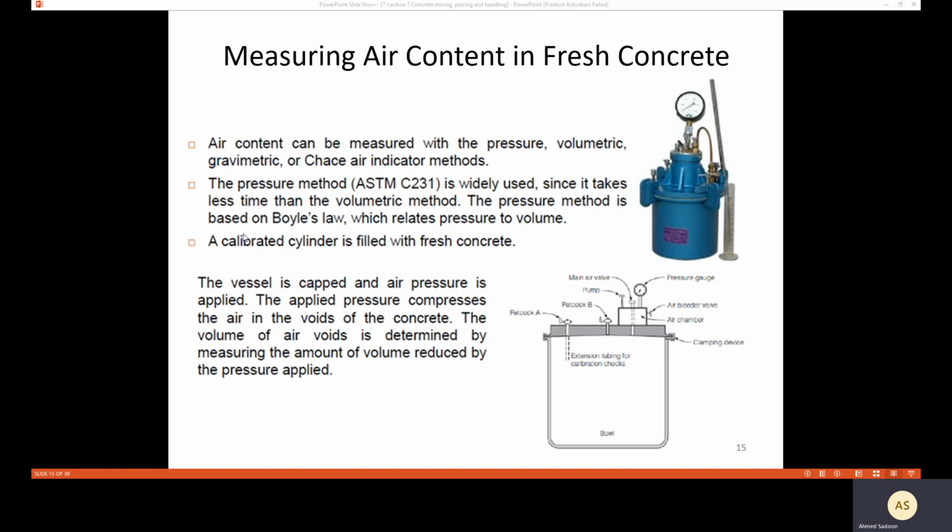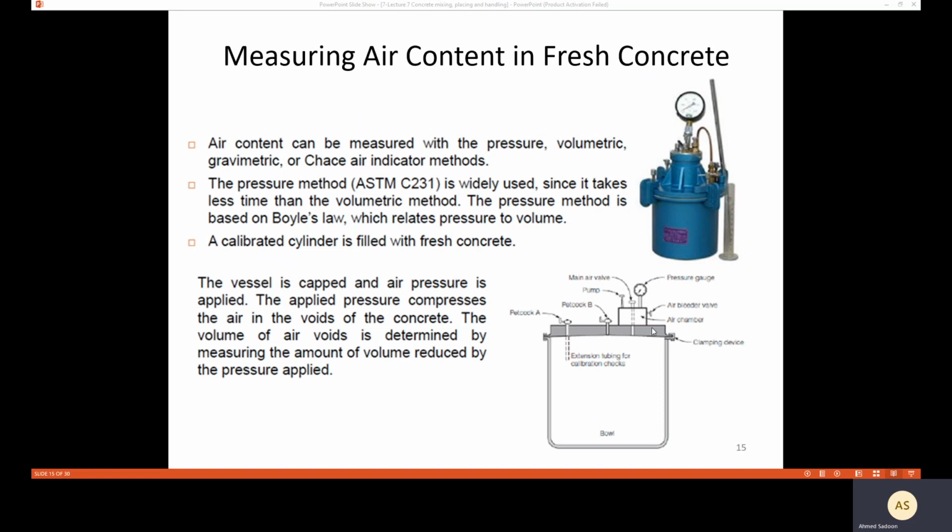In this test, we are going to use a calibrated cylinder, and this cylinder should be filled with fresh concrete. So we are going to open this device, fill the cylinder with concrete, and then close it. The vessel is capped and air pressure is applied.